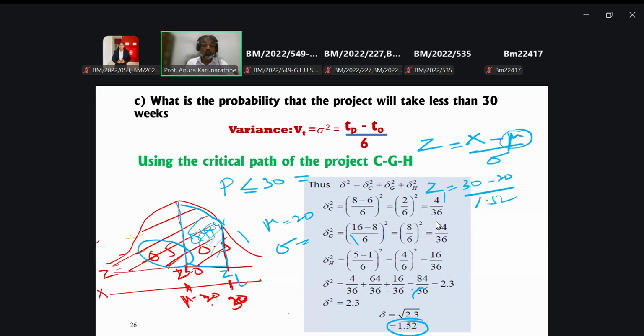Then you have around a 99.9% chance to complete this particular task below 30 weeks. Below 30 weeks, right? So the normal expected time is 20.